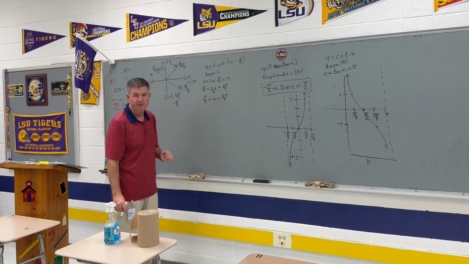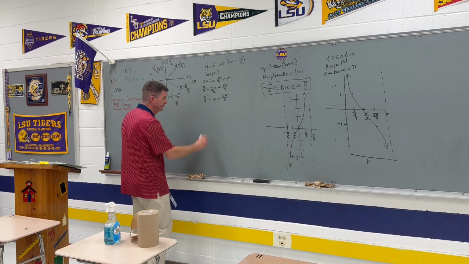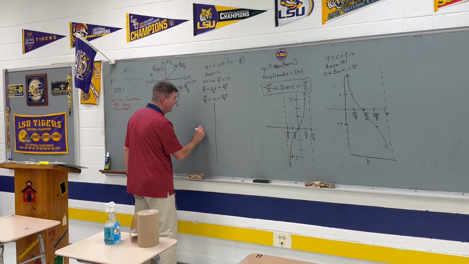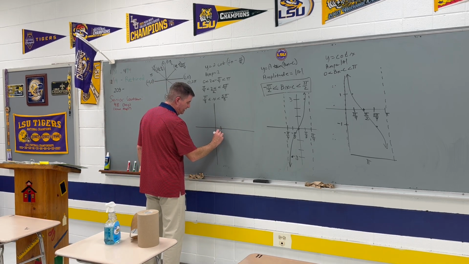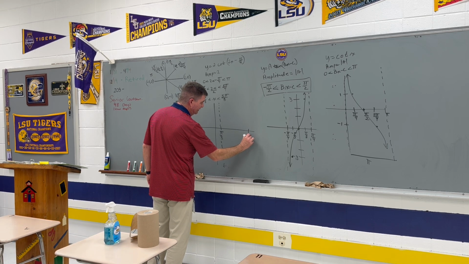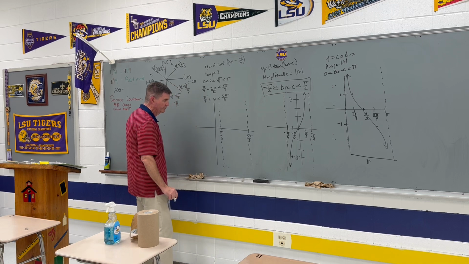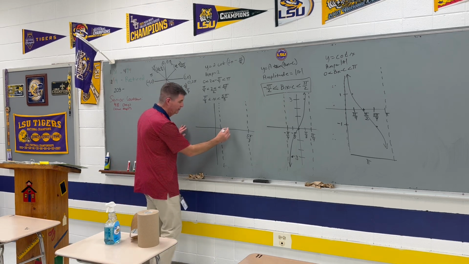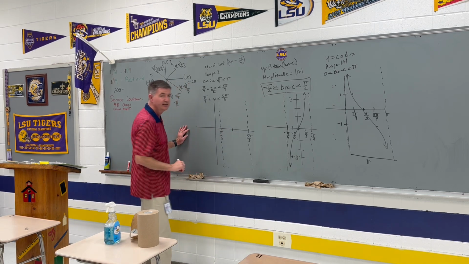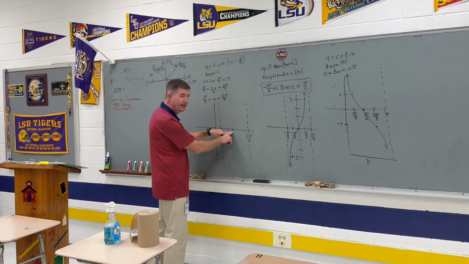All I have to do now is put them in and find my 0, my quarter point, and my 3/4 point. So at pi over 8, that would be my left asymptote. At 5 pi over 8, that would be my right asymptote. But just looking at it, can we tell what the middle point is? If you can't tell, you take the average of the two and it gives us the middle point, which is our 0.